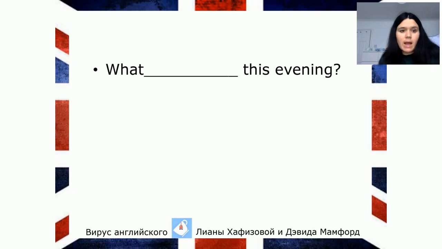Maybe now it's morning and the evening is still in the future, but we are not using the future simple here because it's something in the very nearest future. What are you going to do this evening? You could say this. Absolutely fine. Or you can say just, what are you doing this evening? Perfect.